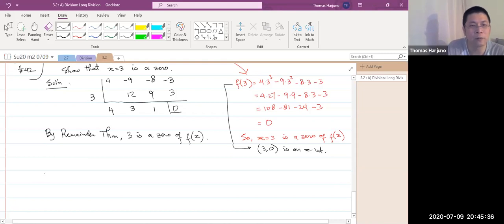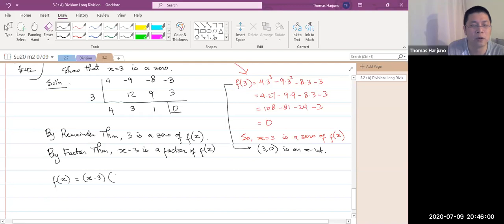Because 3 is a 0 of f(x), by the factor theorem, x minus 3 is a factor of f(x). In fact, now I can say f(x) equals x minus 3 times 4x squared plus 3x plus 1.